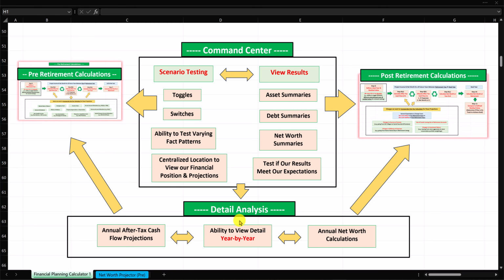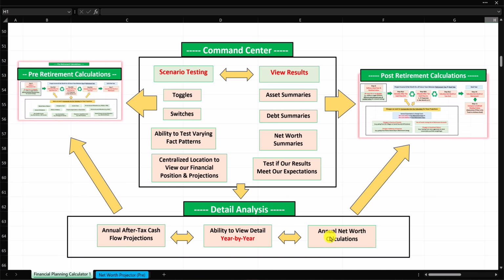And we want the ability to view the detail on a year-by-year basis, both for our annual after-tax cash flow projections, as well as our annual net worth calculations. And we want to be able to do that for both our pre-retirement planning as well as our post-retirement planning.